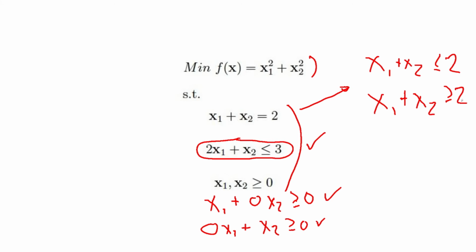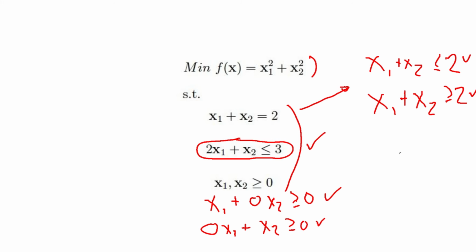These two inequalities define the exact same set of x's that satisfy the equality. You have an equality and split it up into two inequalities of different directions, and it's exactly the same thing. Notice this first one, x1 plus x2 is less than or equal to 2, is a half space, so it's convex. x1 plus x2 is greater than or equal to 2 is a half space, so it's convex.